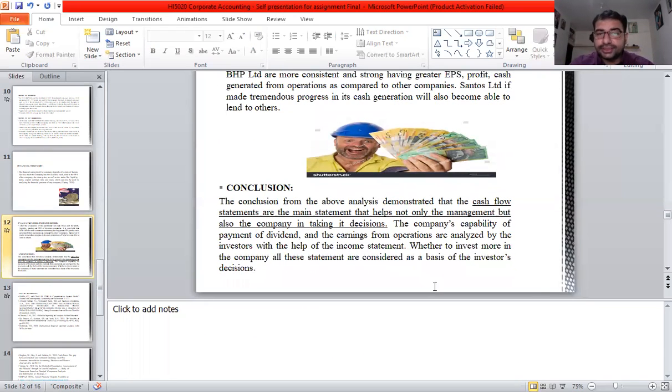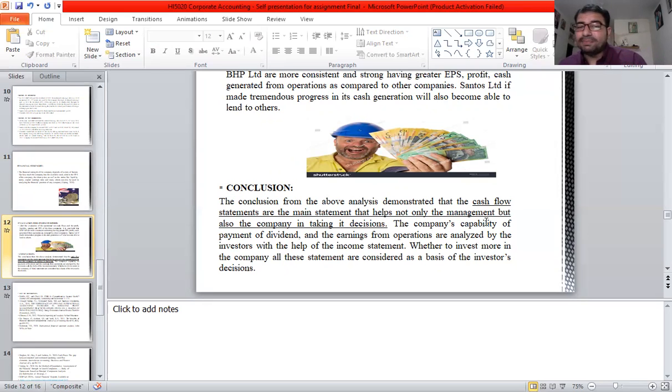So, in conclusion, the analysis demonstrated that the cash flow statement is basically the main statement that helps not only the management but also the company in taking its decisions.